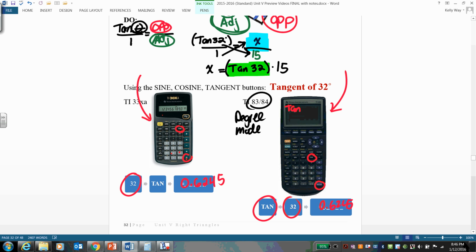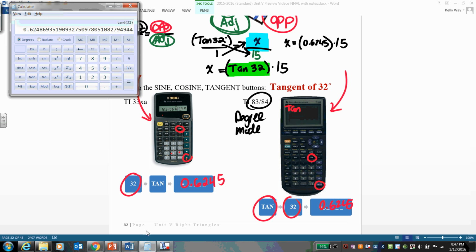So what I'm going to do is replace this with that. x equals, parentheses, 0.6245 times 15. Or if you have storage in your calculator, you can just leave the entire screen on there. I'm going to times by 15. And now I want you to go ahead and round to the 2nd decimal place.